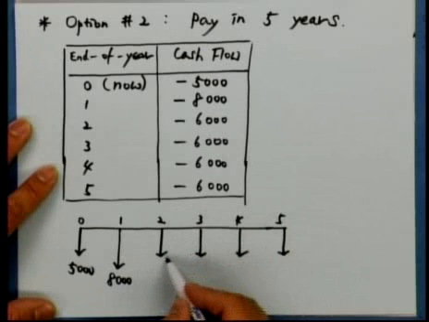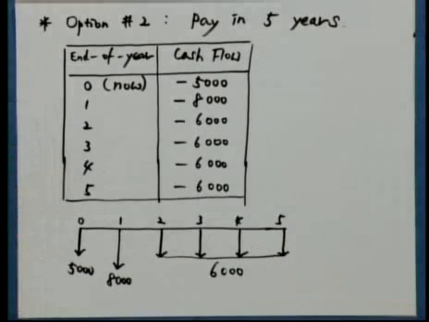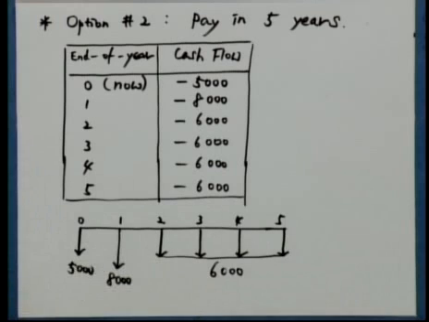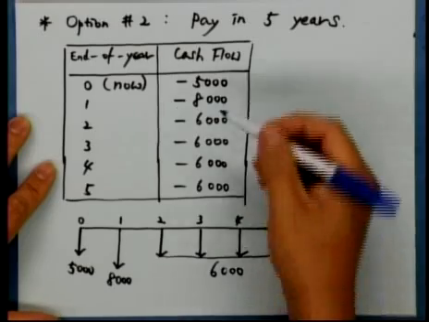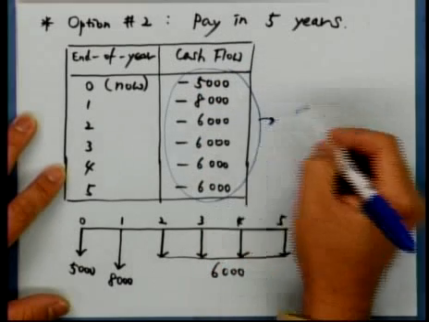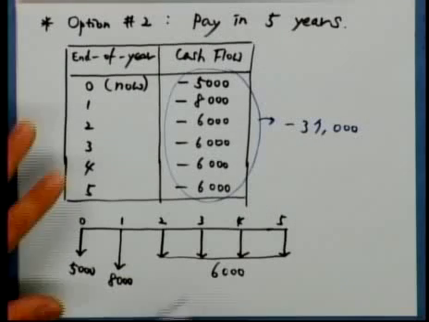Okay, so these are all the same amount. So this is the cash flow diagram for option number 2. Okay. And here, if you add up all these numbers, it's going to be negative 37,000. Okay?